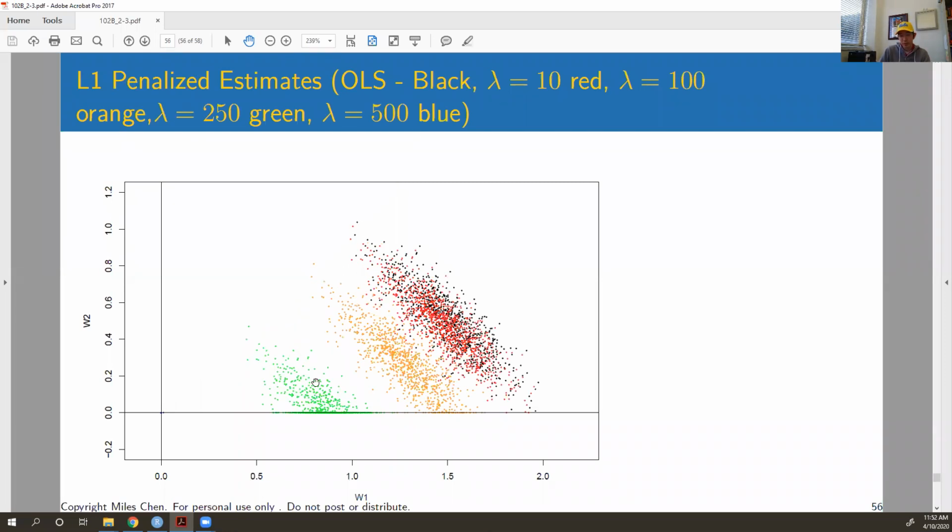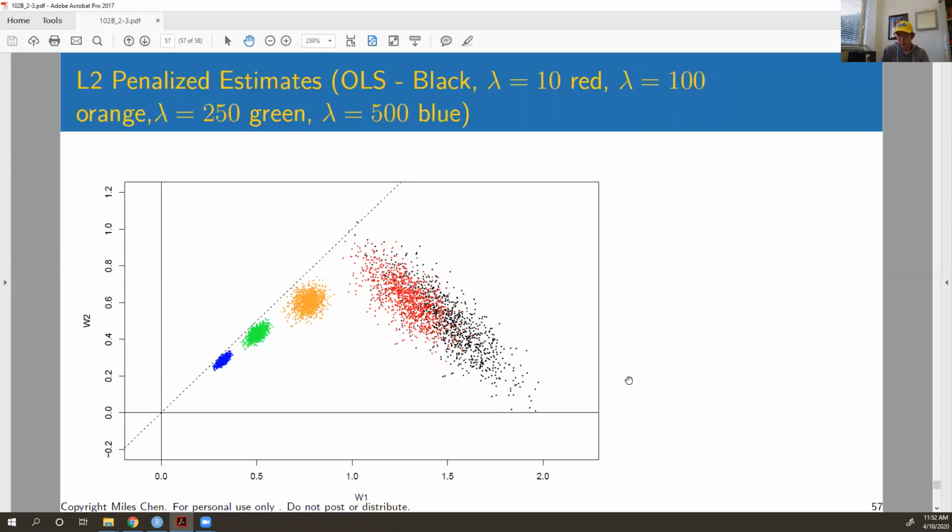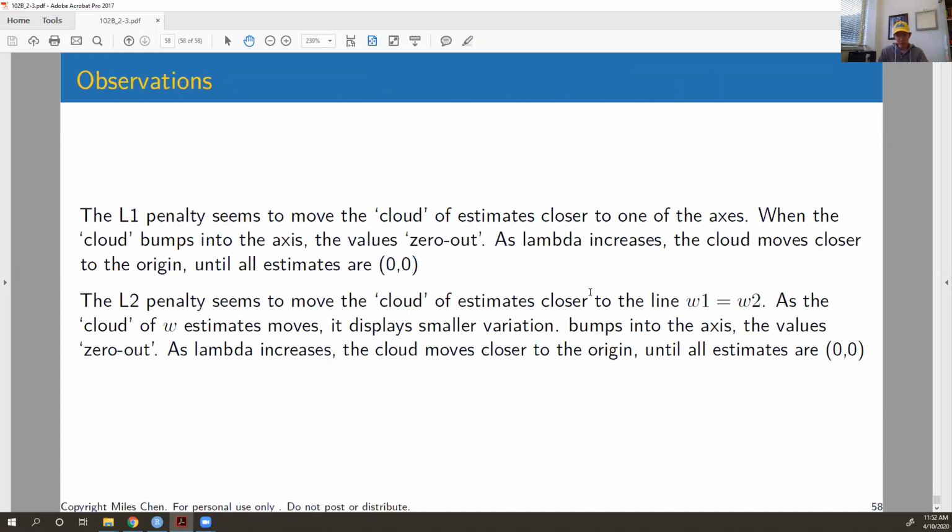Similarly here, when you have a larger lambda, your values don't vary as much because sometimes you're going to just get a whole bunch of zeros. And so these are ways to reduce the amount of variability in your coefficient estimates. It's an undesirable trait that your coefficient estimates would vary a lot based on the random values you've observed, and this is one way to reduce that variance in the coefficient estimates that you get.